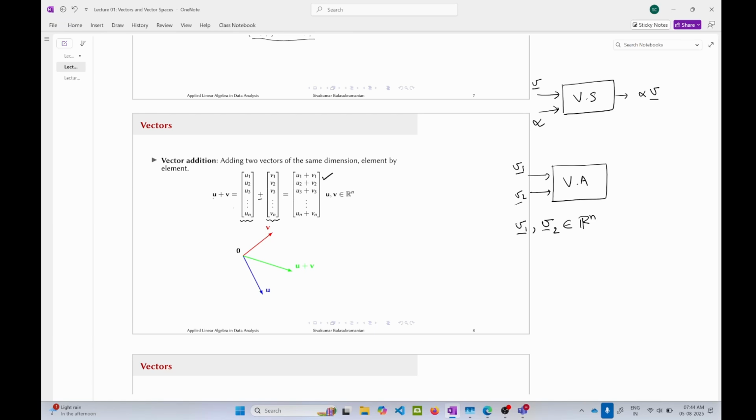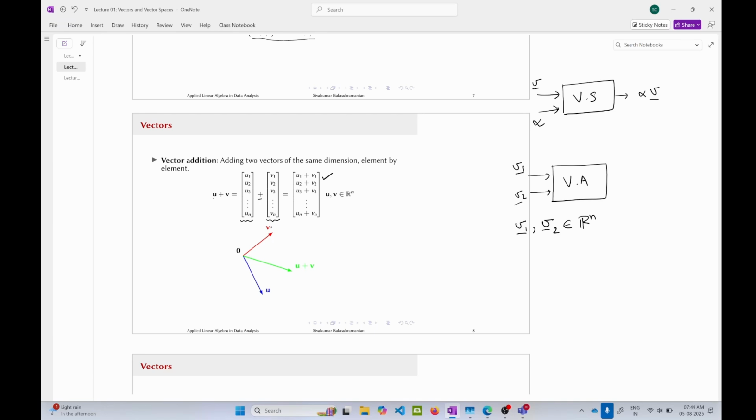And that's the new vector that you generate by doing this addition operation. And that's the definition of how you add two vectors. The only condition is that both the vectors have to be from the same space. And the corresponding geometric operation is something again you're probably familiar with from vector algebra, from maths or physics.